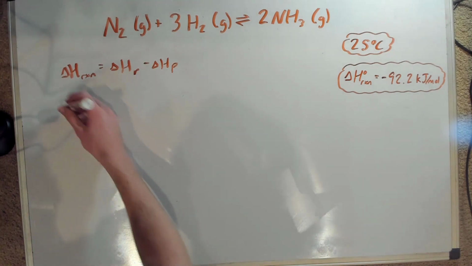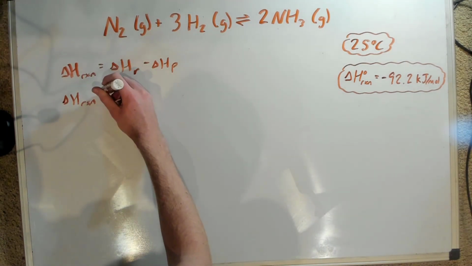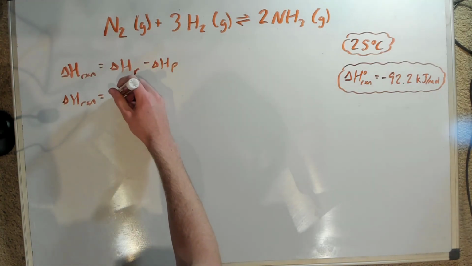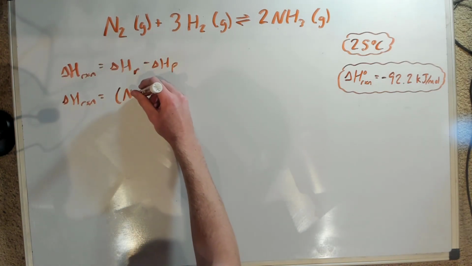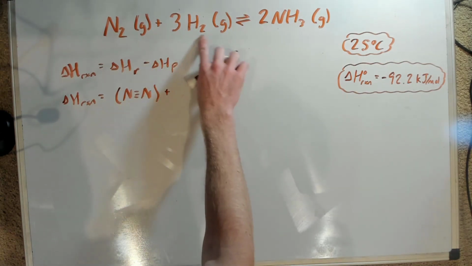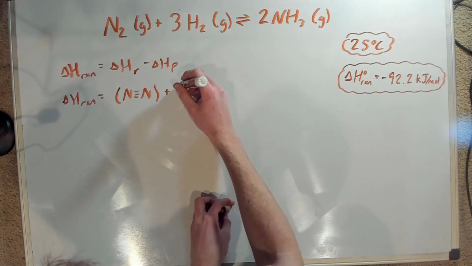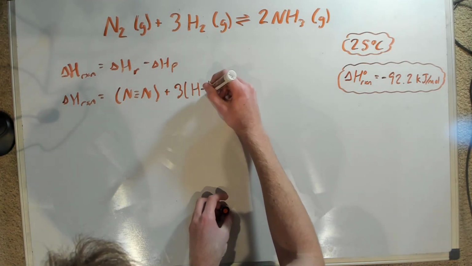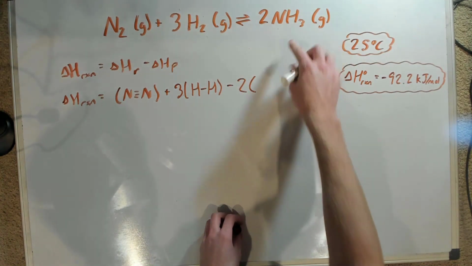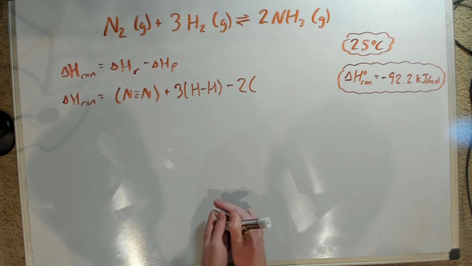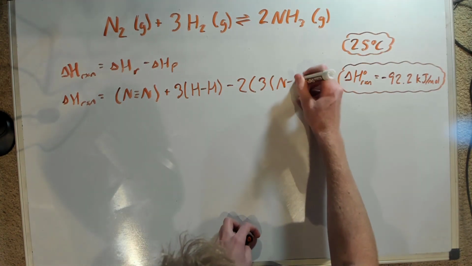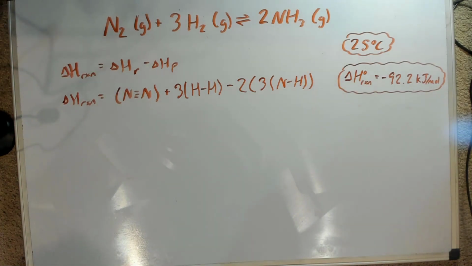So our reactants, what we're going to see is change in H reaction is equal to 1 triple nitrogen bond, so we're going to see an N triple bond, plus 3 single H bonds, minus 2, because now we have products, minus 2 times 3 N–H single bonds.